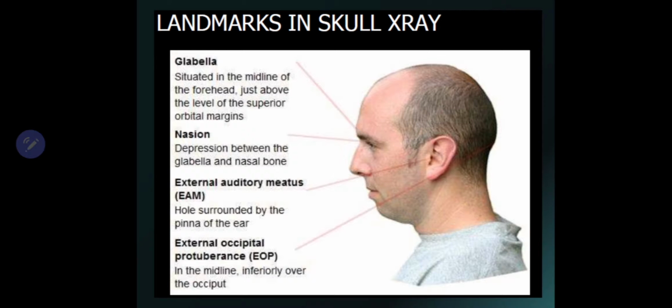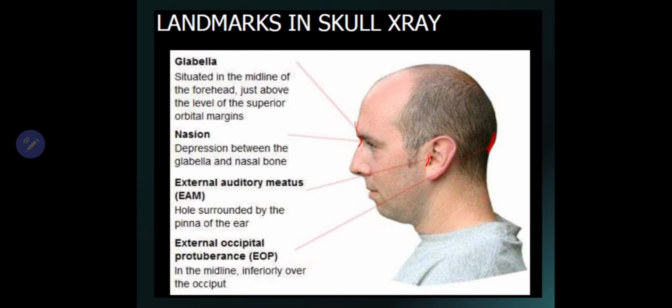Now, what are the landmarks in skull X-ray? This point is the glabella. This is the nasion. Now, you have the external auditory meatus and the external occipital protuberance. These are the landmarks in the skull X-ray.